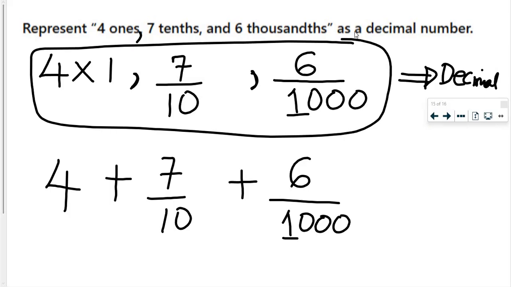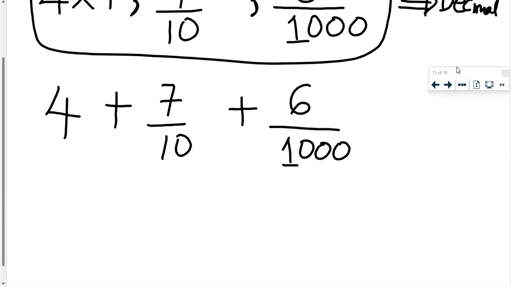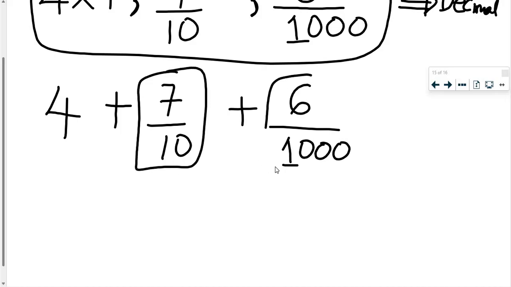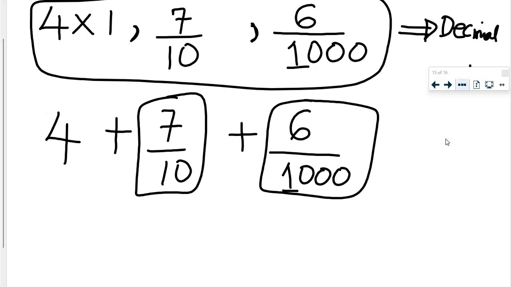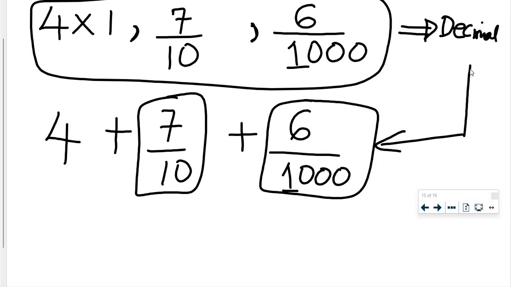Now, because they said it should be written as a decimal, that means you need to write this fraction and this fraction as a decimal.